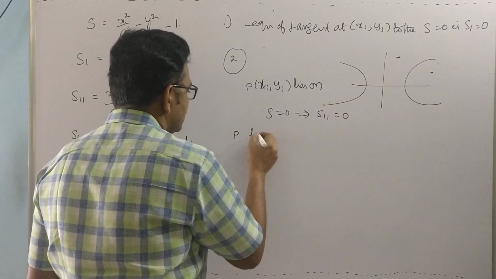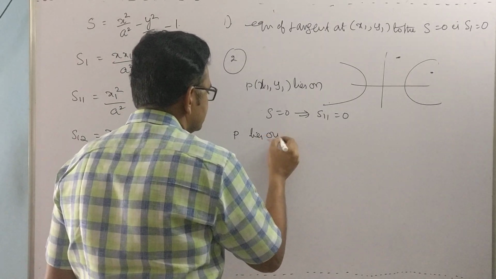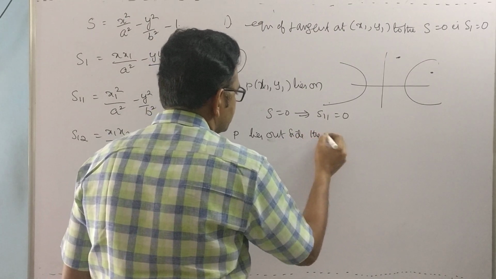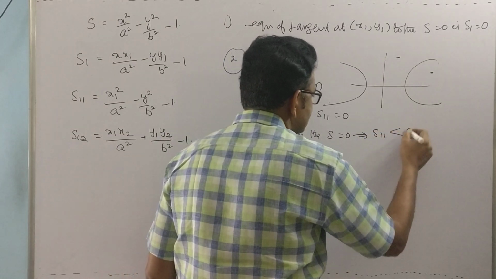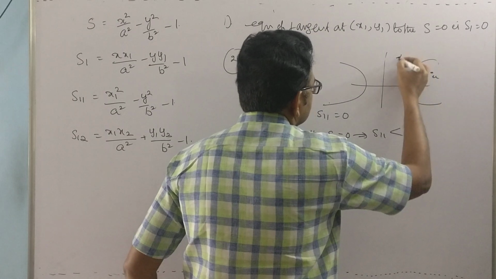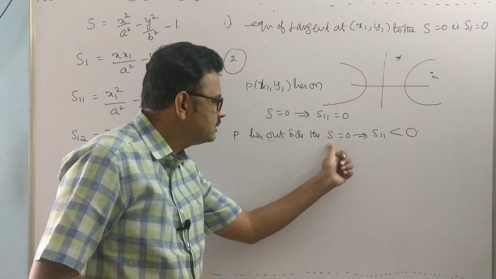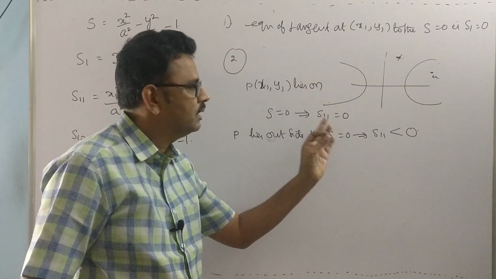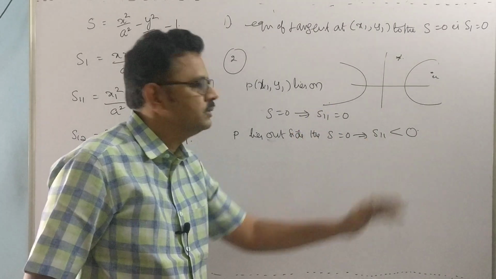P lies outside the hyperbola S equal to 0 implies S11 is less than 0. So this is interior, inside, this is outside. The only difference is what? P lies outside, but in general for circle or parabola or ellipse, if the point lies outside, S11 is greater than 0.